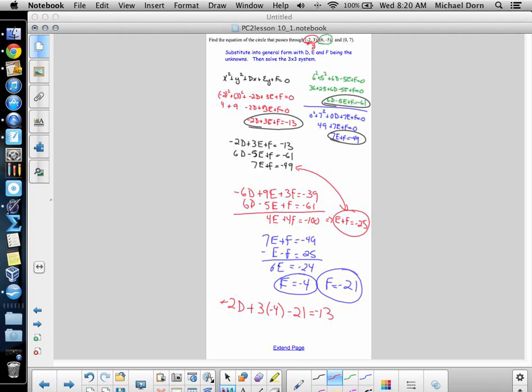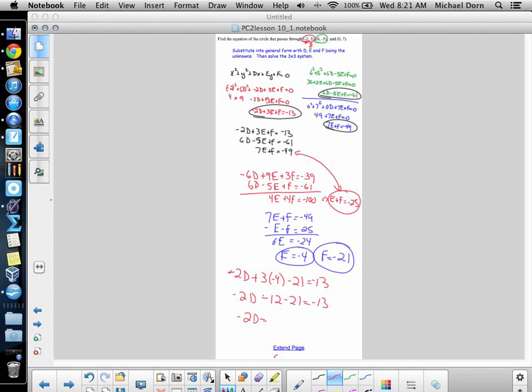So negative 2D minus 12 minus 21 equals minus 13. That's minus 33, so negative 2D equals 20. So D equals negative 10.